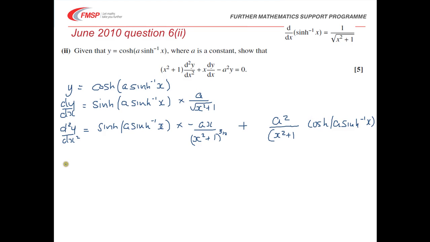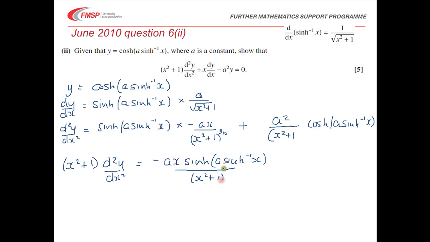So what we'll want to do is we'll now need to find x squared plus 1 lots of d2y by dx squared, and if we're multiplying that by x squared plus 1 to the power of 1, then we're going to have a minus ax sinh of a inverse sine in the numerator, but the denominator now is just going to be x squared plus 1 to the power of a half.